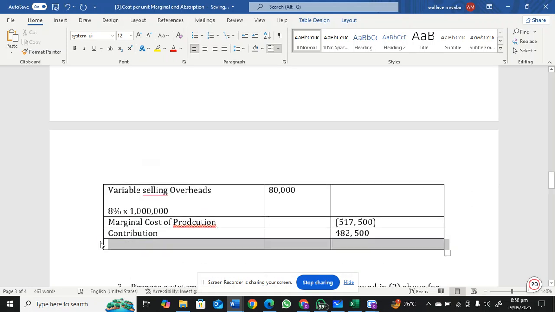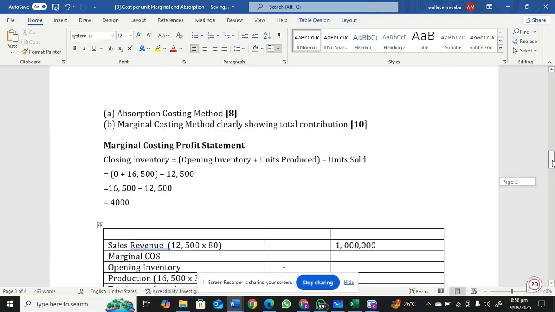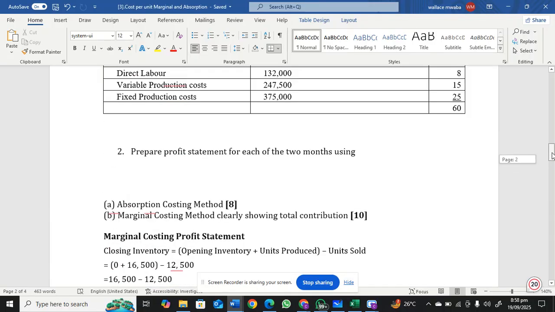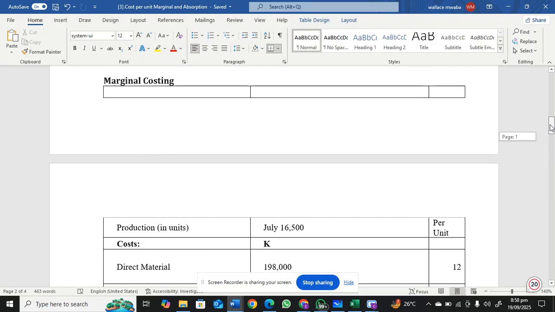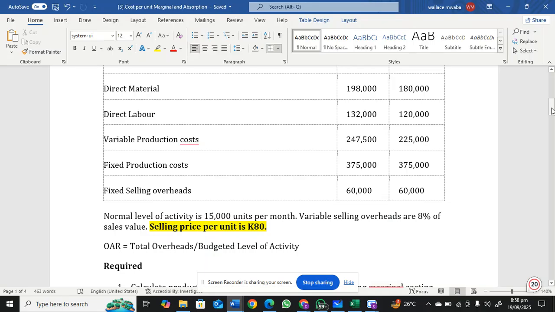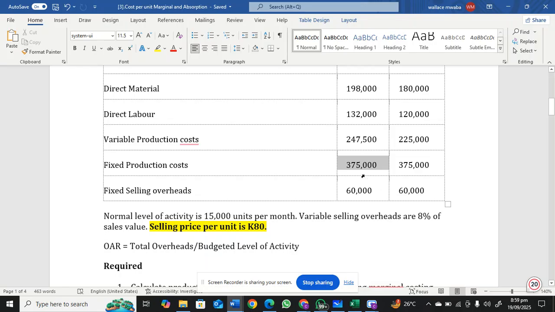Once you get your contribution, as I said, it's to cover the fixed costs. So now you want to include the fixed production costs. There's 317,500 here and 60,000. These two, you need to include them.